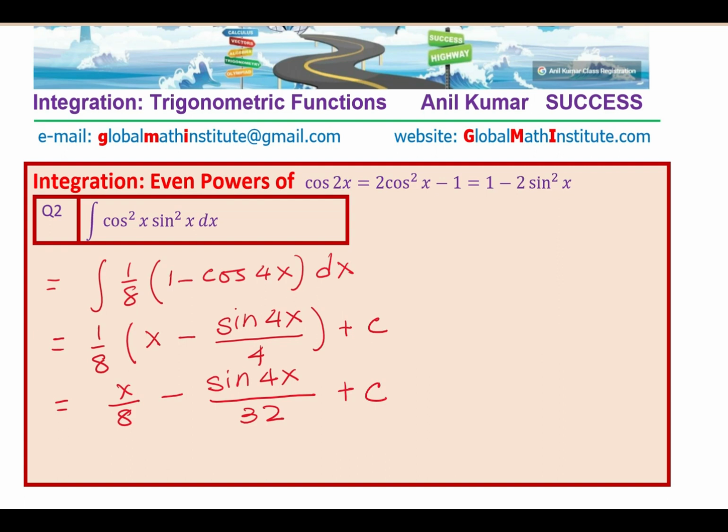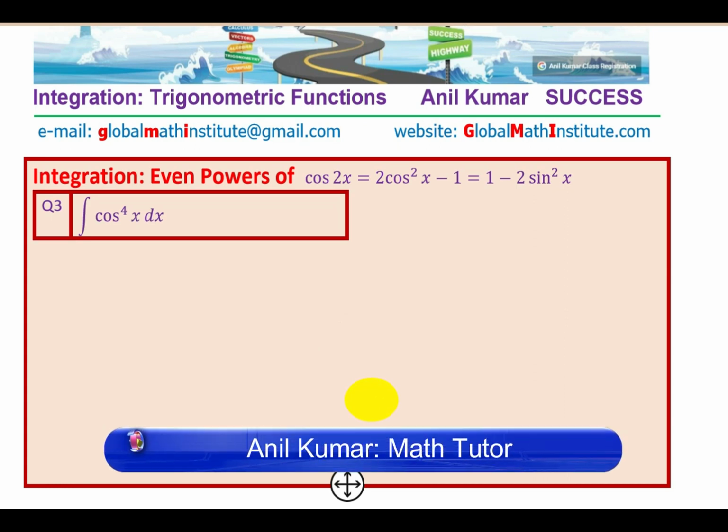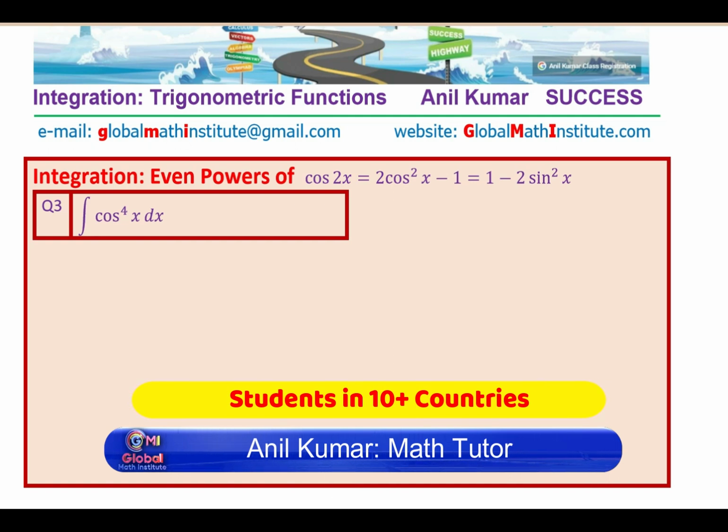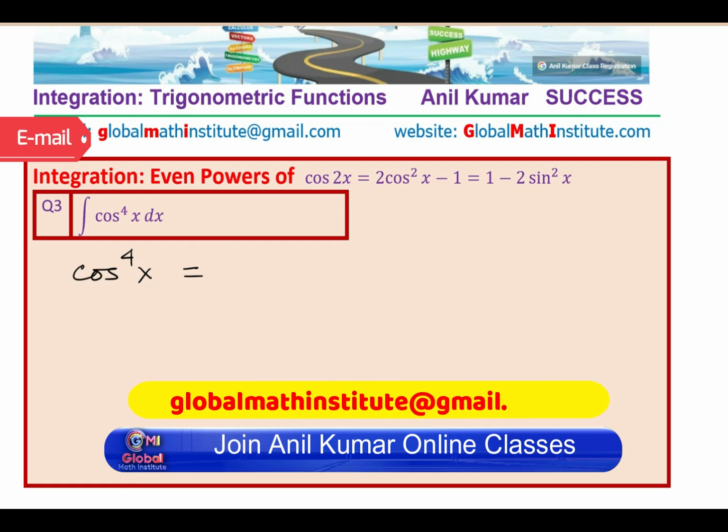Let's move on and take the next question, which is we now need to find the integral of cos⁴x. So let's simplify cos⁴x first, right? So that is a better strategy. cos⁴x is like (cos²x) whole square.